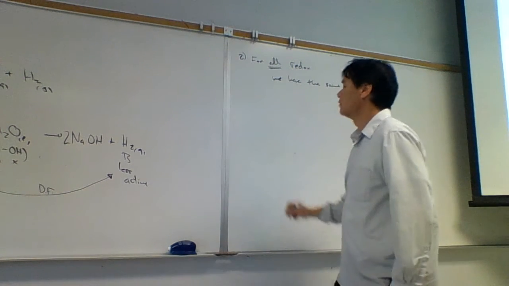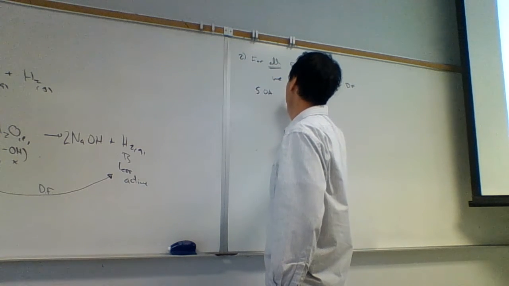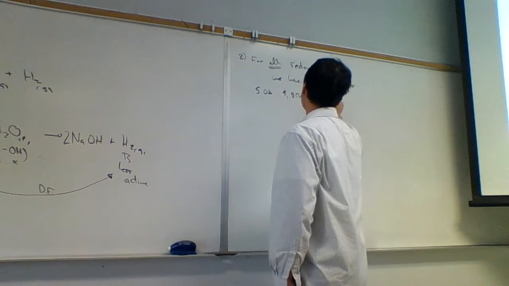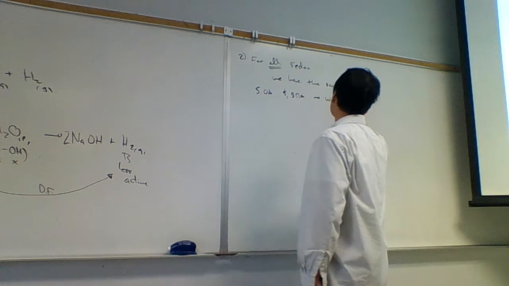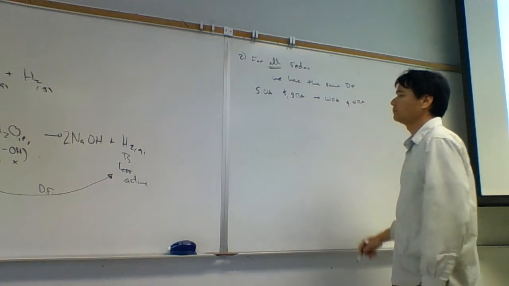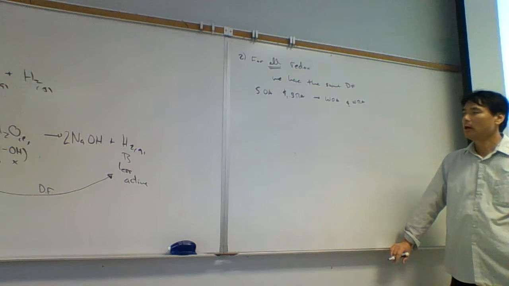The same driving force is this: we're going from a stronger oxidizing agent and a stronger reducing agent to a weaker oxidizing agent and a weaker reducing agent. And so this is the general driving force for any redox reaction.